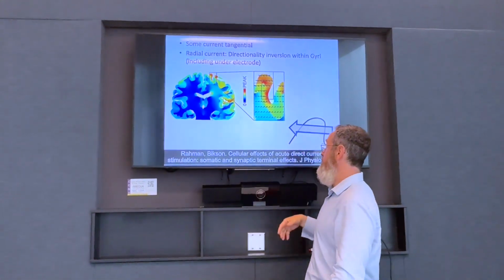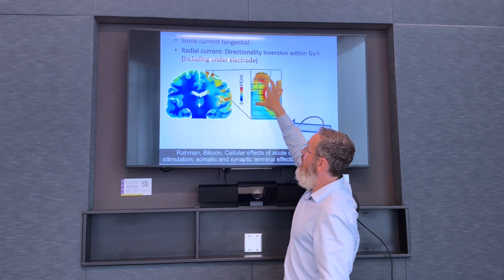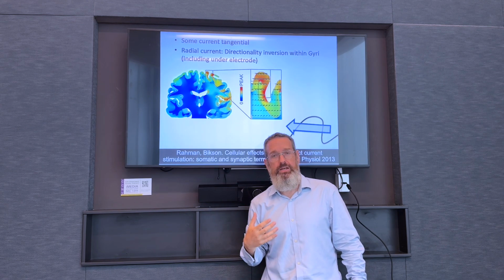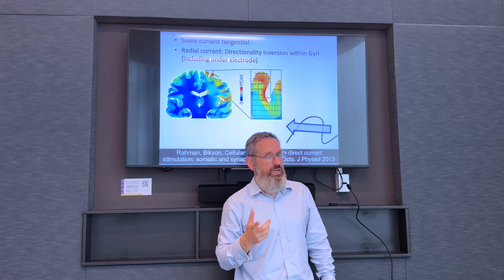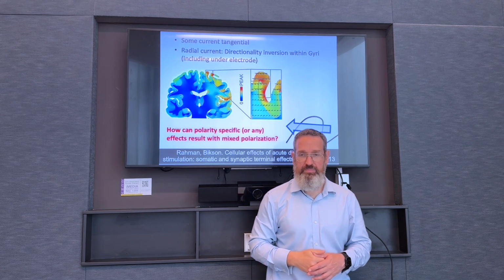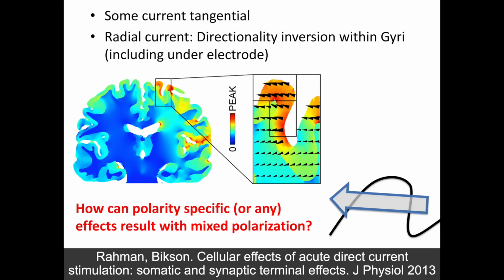The same idea shown here. Current coming in, current coming out. So we do not have a situation in the highly folded human brain where we just got in and we just got out. It's always a mixed pattern. And so the question that arises from this is, earlier I suggested that what happens to the brain depends on the polarity.